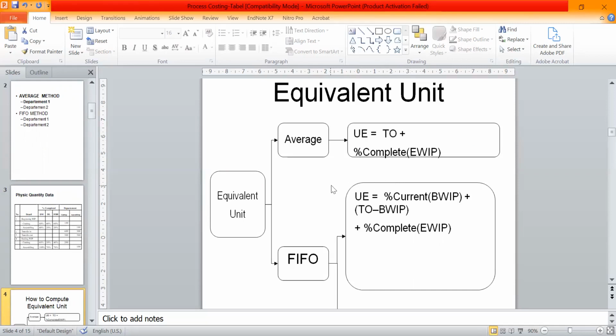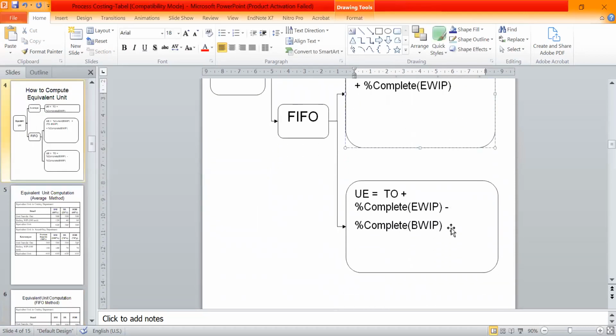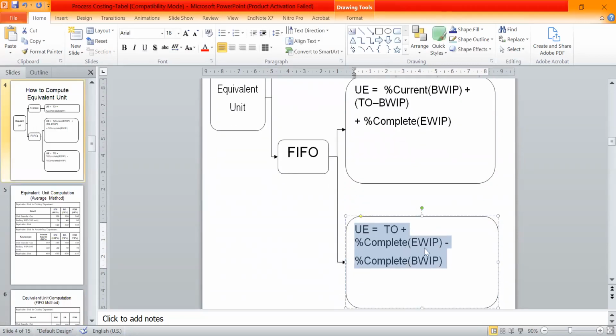And then for the other method, for the FIFO, here we have a more complex computation. I will use this formula: transfer out plus the ending work in process, and then we continue that computation minus the beginning work in process.